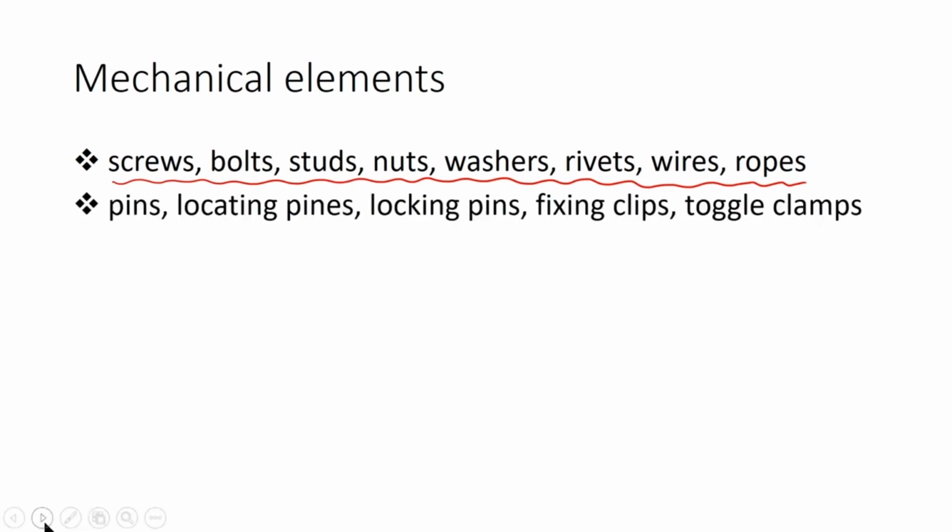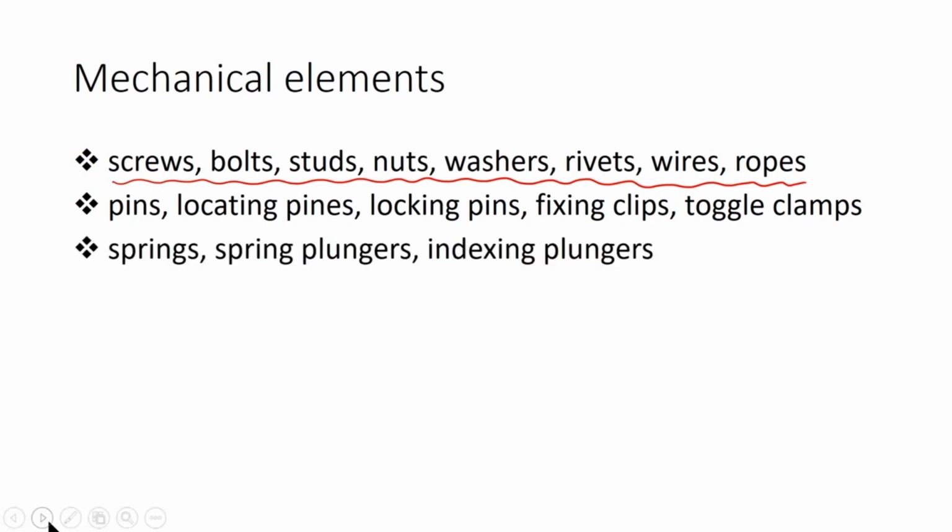In addition to this, we require pins, clips and toggle clamps. Pins are required again for the fastening or the location purpose, for fixing purpose, and the clamps are required to hold the parts. We may also require various spring plungers or indexing plungers.